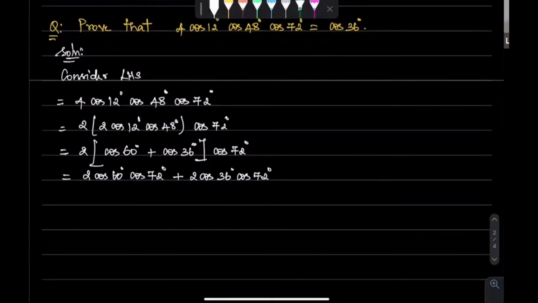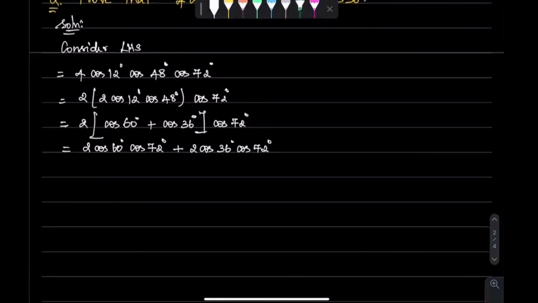If I substitute, what will happen? First, the value: cos 60 value is 1/2. I get cos 72 degree, plus this I can apply the property again. I'm applying the result first here and then for here. So what do I get now?